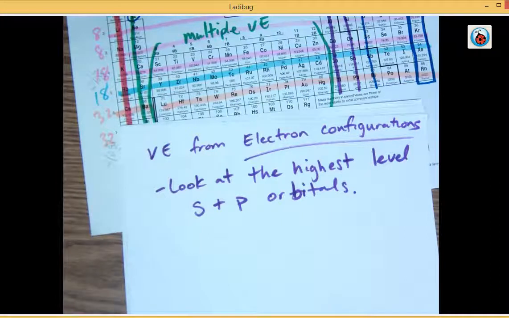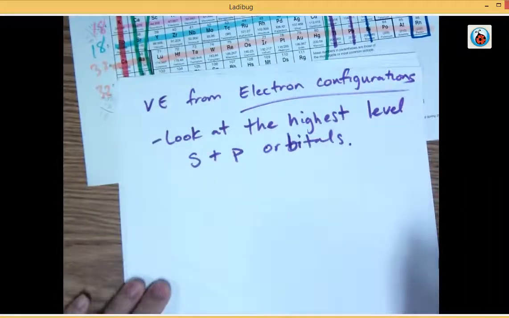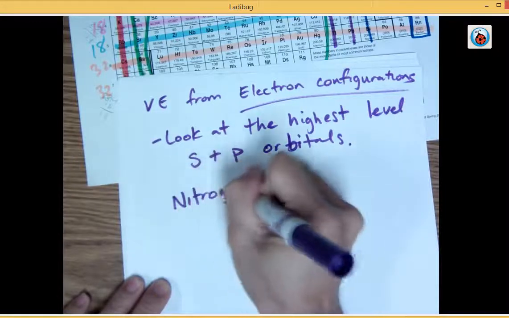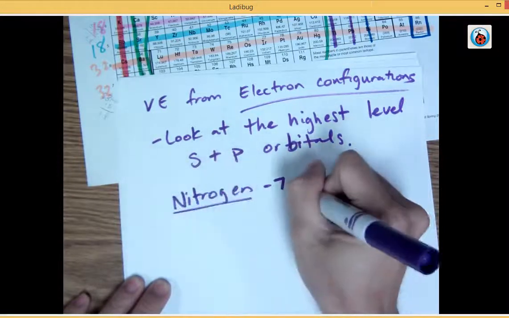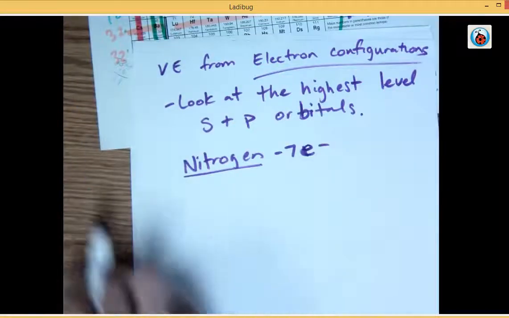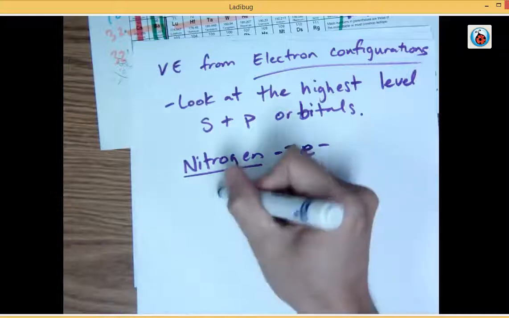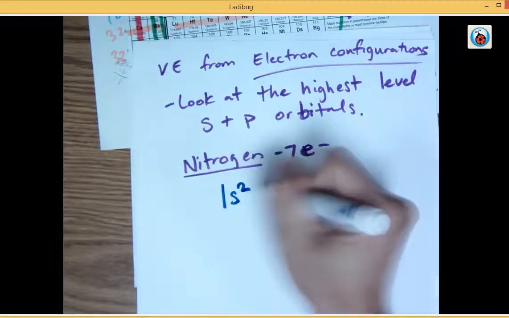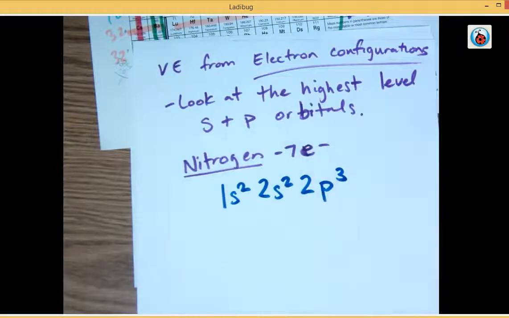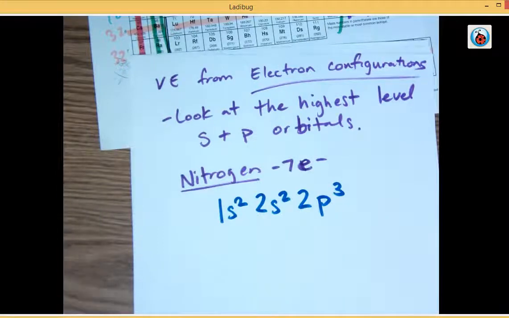Okay, here's an example. Nitrogen, 7 electrons. Write down the configuration: 1s2, 2s2, 2p3. The highest level S and P. What's the highest energy level here?